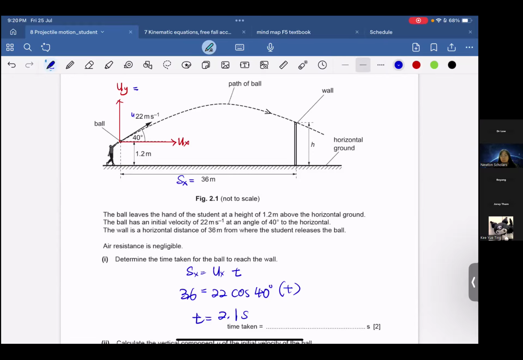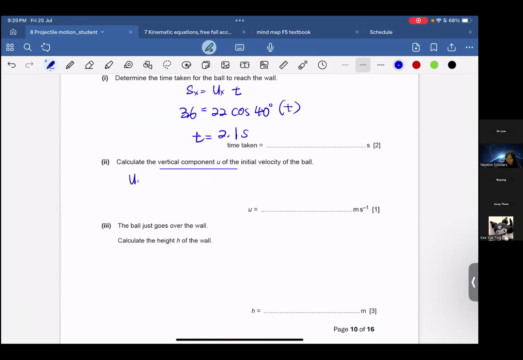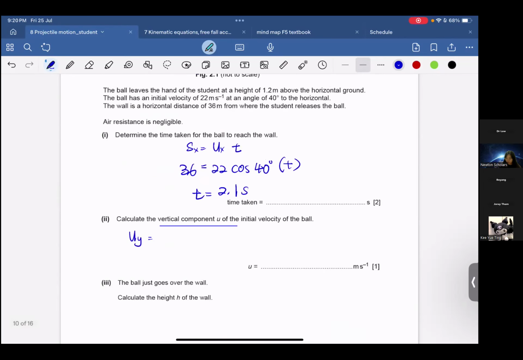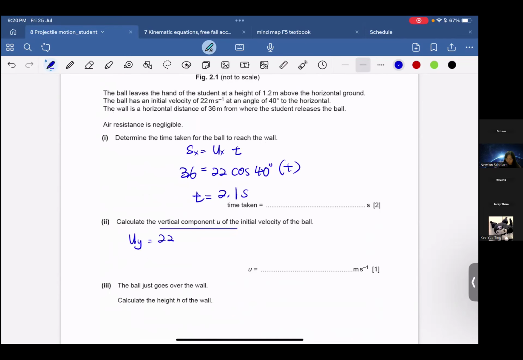Okay, so here, your Uy will be U sine angle 40. So which means that your Uy, we will get how many? 22 sine 40 degree. So my answer is 14 meter per second, easy.